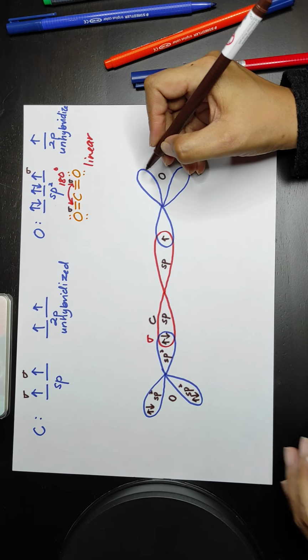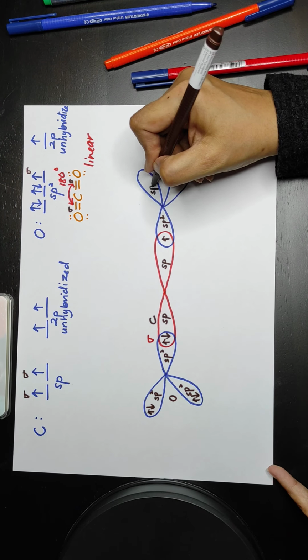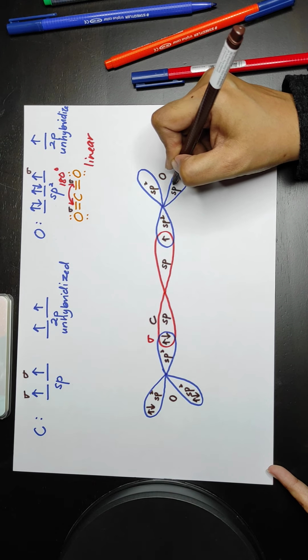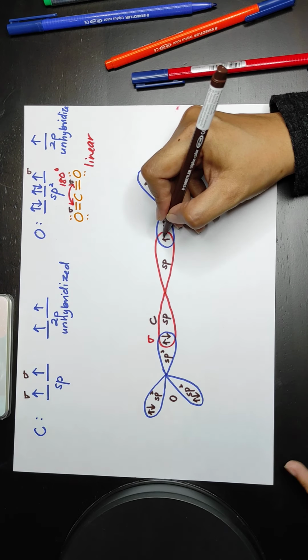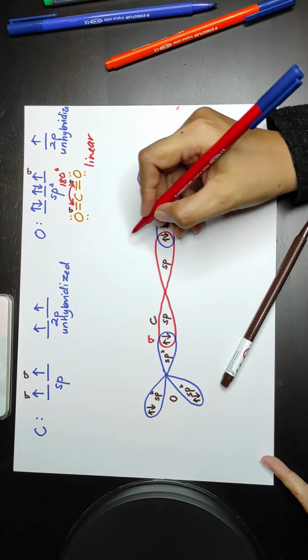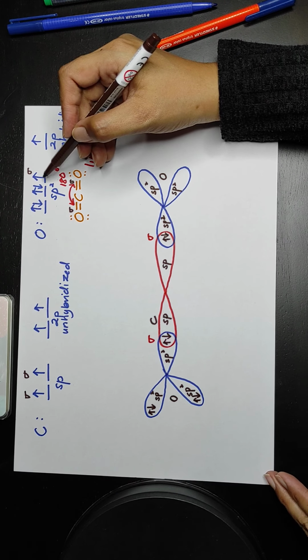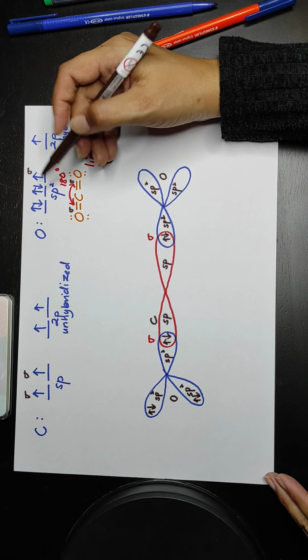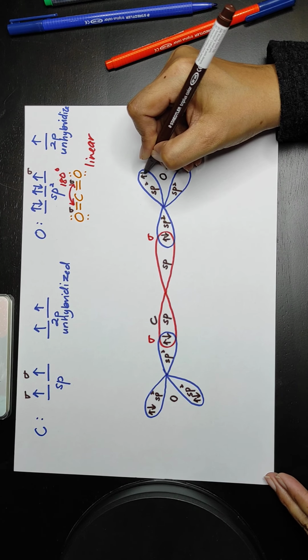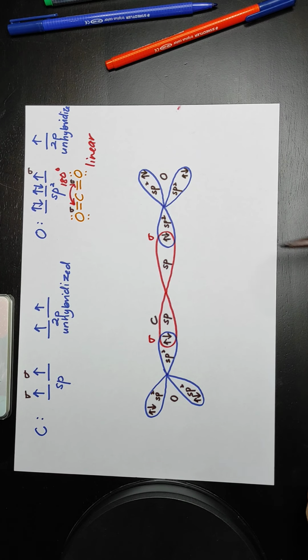So let me label it here. Alright, sp2, sp2, sp2. So in the overlap region we have shared electrons with opposite spin, and the sigma bond is formed, and 2 of the 3 sp2 hybrid orbitals of oxygen are occupied by lone pairs. Alright, so now we are settled with the sigma bonds.